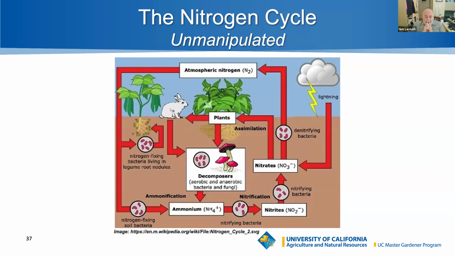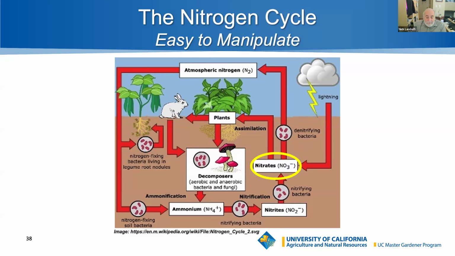This is another diagram of the nitrogen cycle. It is essentially identical to the one which I've previously shown you, but I want to use this version to make another point. This is the natural or unmanipulated nitrogen cycle that I have described to you. Unfortunately, the nitrogen cycle is very easy to manipulate.